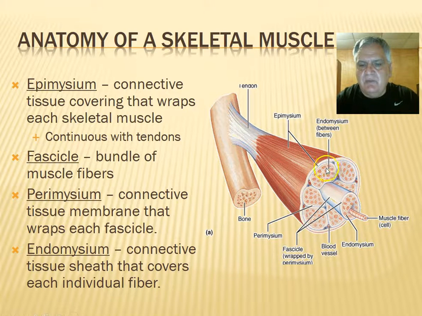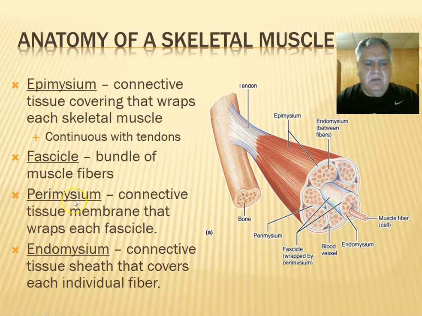Within each one of those fascicles, we can see these light red circular structures. These represent each of the different fibers. So a fascicle is a bundle of many different fibers.